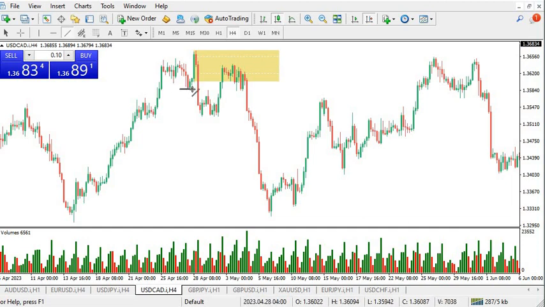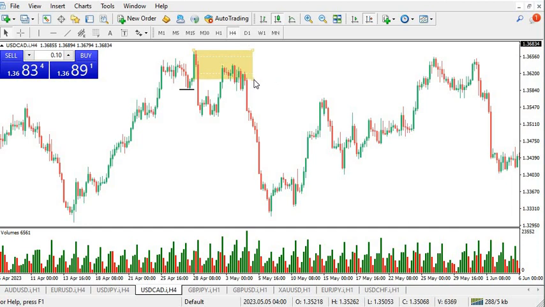Like here, it is a short-term low created by the market, and this order block after its formation broke this low to the downside. So now this order block satisfies the criteria of a tradable order block.